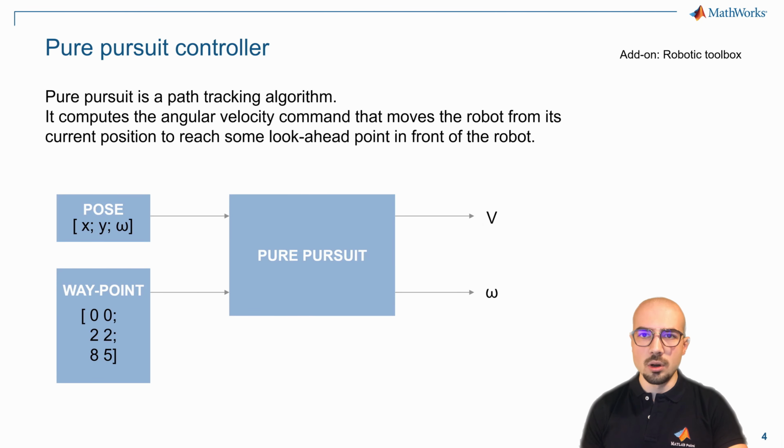The pursuit control is a tracking algorithm that computes the angular commands in order to move the robot from the current position to some look ahead position. What does it mean?